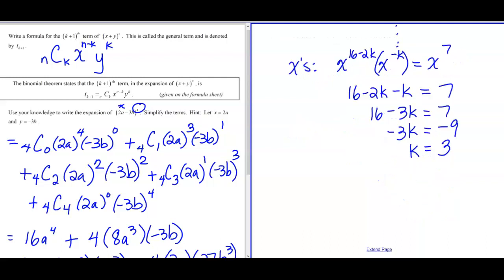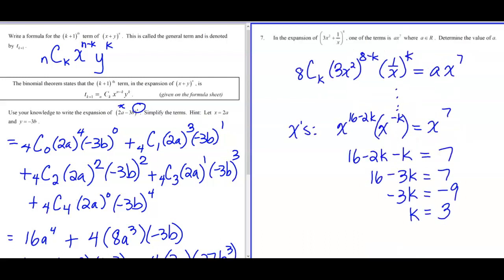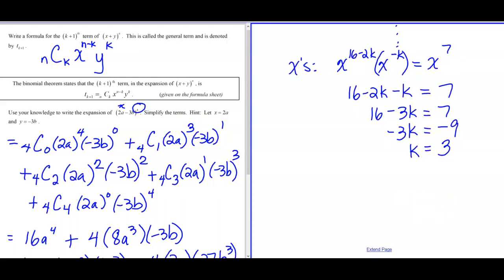So, okay, sorry, flipping, but we have 8c3, and then that was 30x squared to the 5, and then positive 1 over x to the 3.